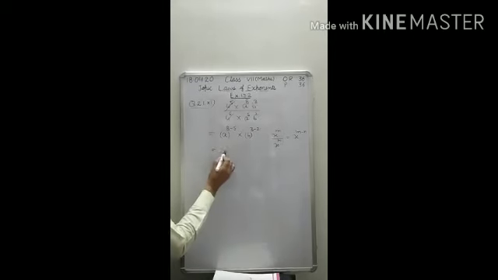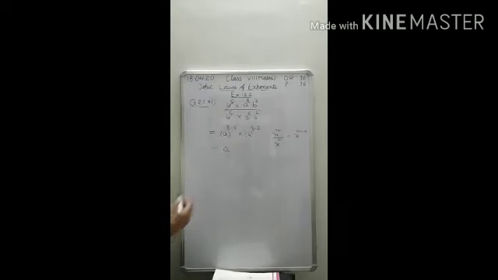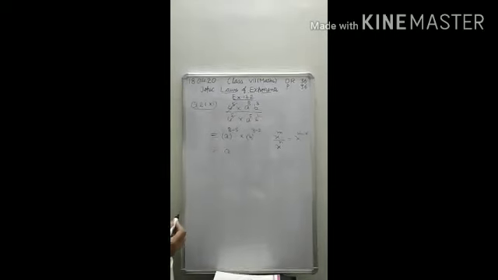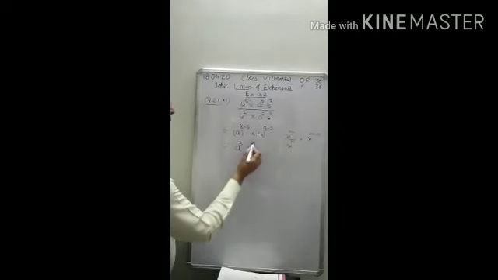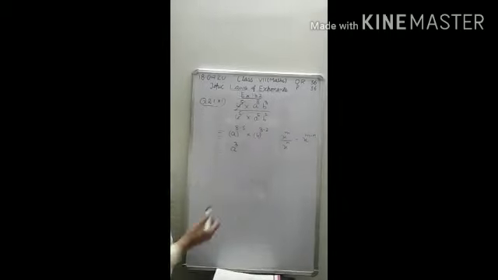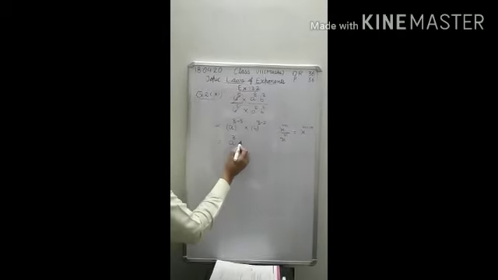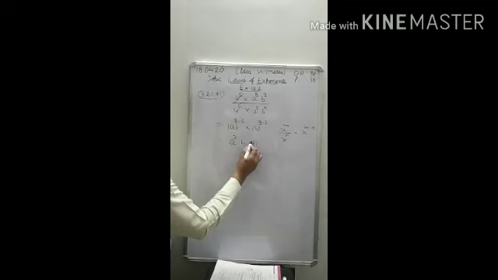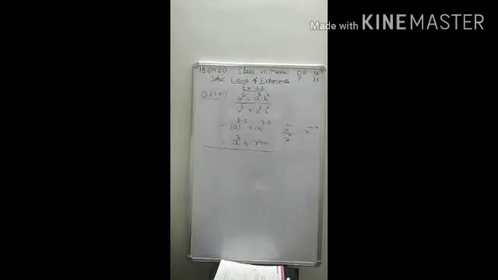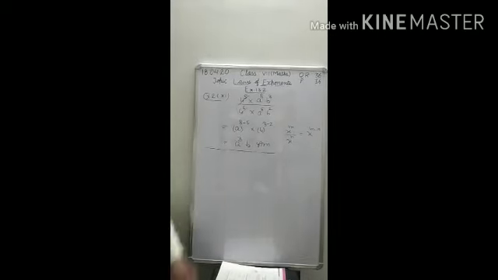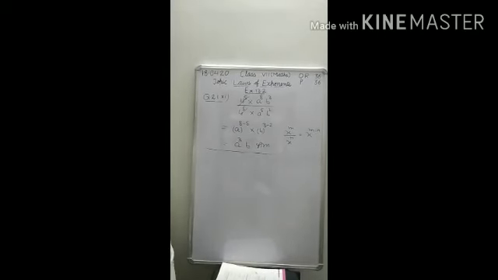So it is a raised to the power 8 minus 5. How much will be left? That will be 3, into b raised to the power 3 minus 2. That will be 1, so you can write directly b. So this is the required exponential form. This is the 11th part.